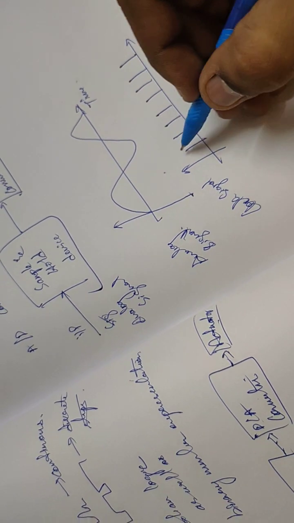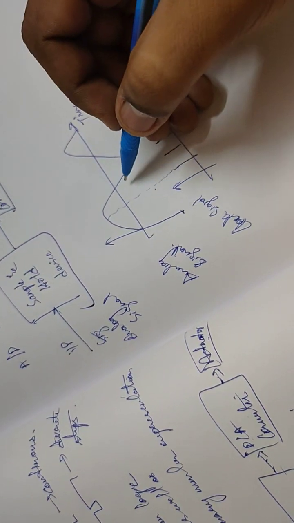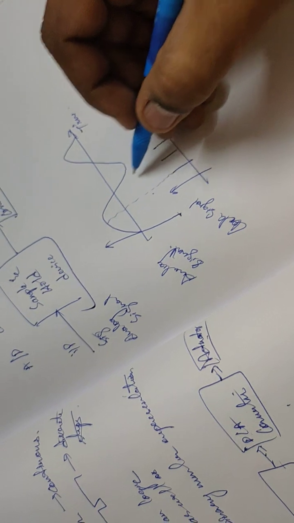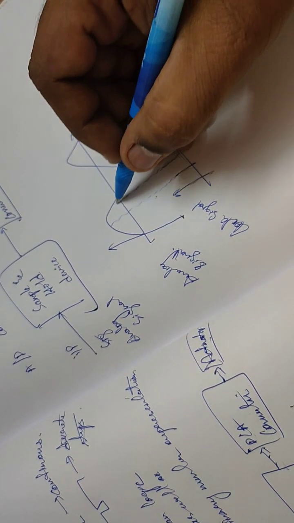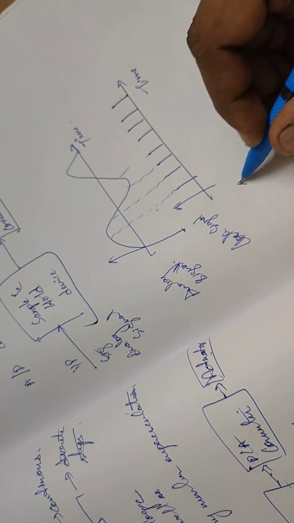Let's say it's like this. Sorry, I didn't draw it symmetrically. Let's say it's at a distance like this. How does it look when you combine it? It looks somewhere like this.